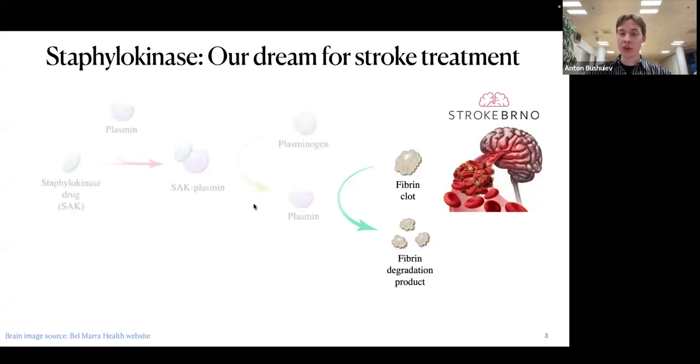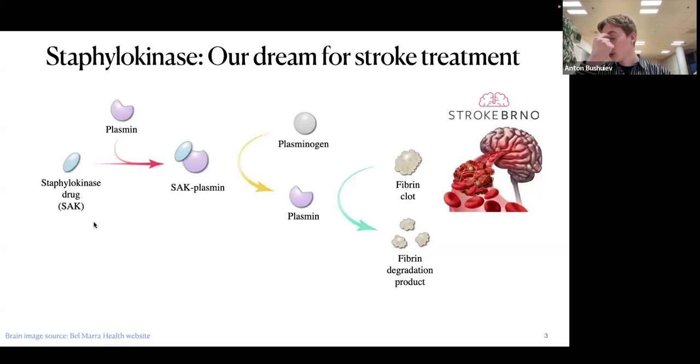And so what we can do is to use the staphylokinase protein. Staphylokinase is a thrombolytic drug candidate. What we can do is to take some concentration of the staphylokinase proteins and put them into the bloodstream, and then in blood, staphylokinase proteins start interacting with other proteins, which are called plasmins, in purple here. And then together, these 2 proteins form what is called a complex.